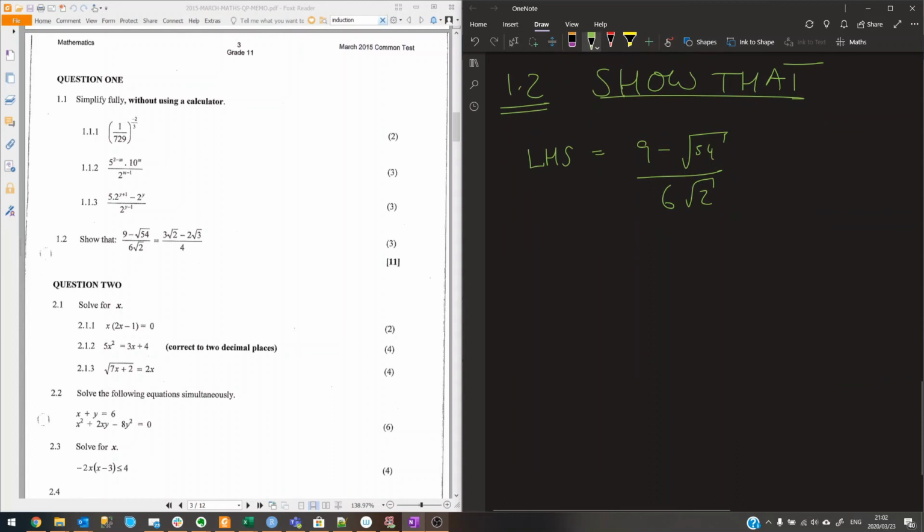So what we need to do is simplify this root 54, basically, because that's the part that's not simple. So this can be written as 9 minus root of, what's 54? 54 is 2 times 27, right? So 2 times 27. 27 can be written as 3 times 9. So we have 2 times 3 times 9, all under the root sign, the whole divided by 6 over root 2.